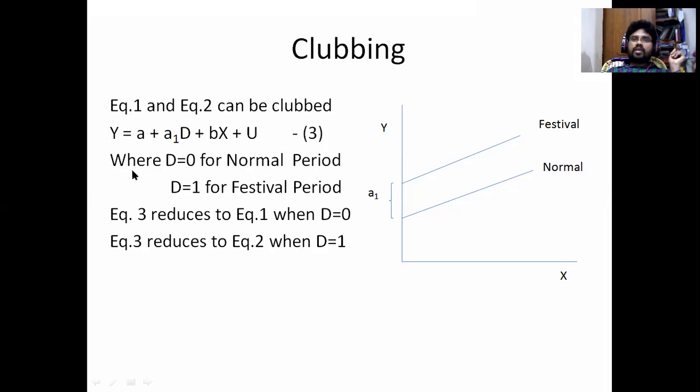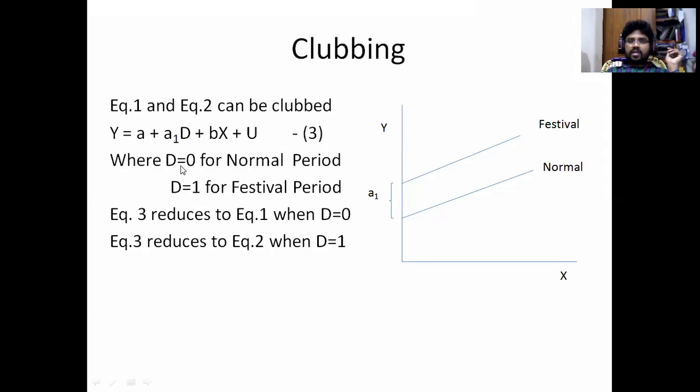Here d is equal to 0 for the normal period, that is, there is no festival. 1 is the festival period. 0 means absent, in the sense that there is no festival during that particular period. If there is a festival, it is indicated with 1. Presence means the festival is there, and absence means the festival is not there.